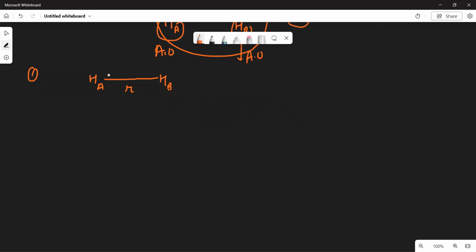In the first case, the electron is in the neighborhood of HA.